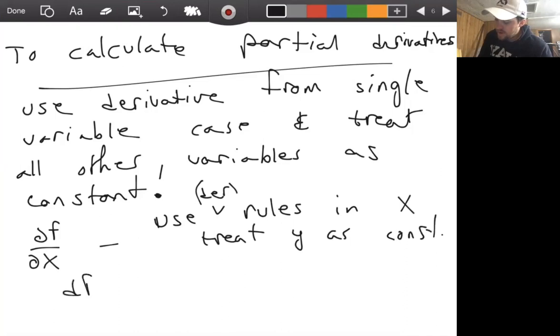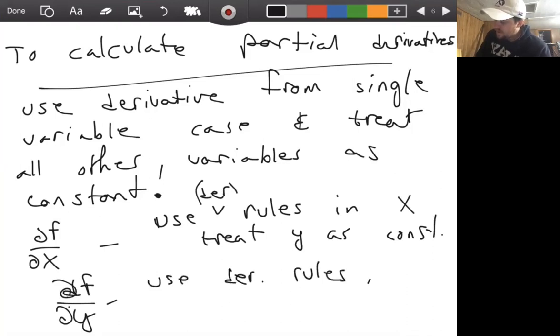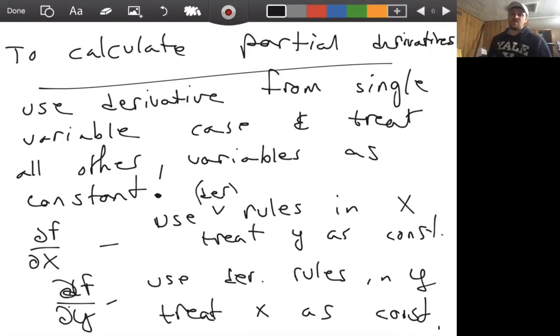When you want df dy, or excuse me, del f del y, you want to use the derivative rules in y, treat x as constant, right? And if this was a function of 3 variables, it would be the same thing for del f del z. You would just use derivative rules in z and then treat the variables x and y as constants.